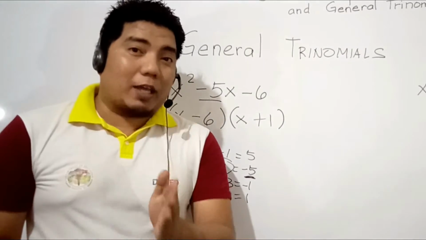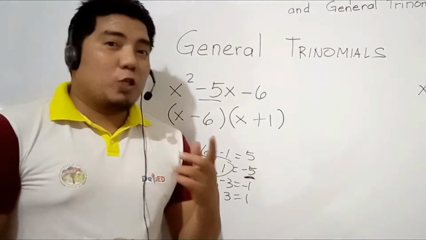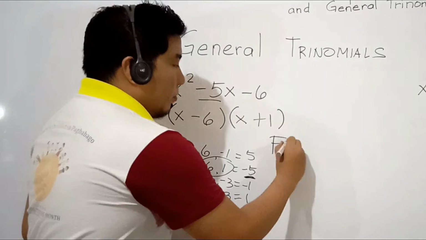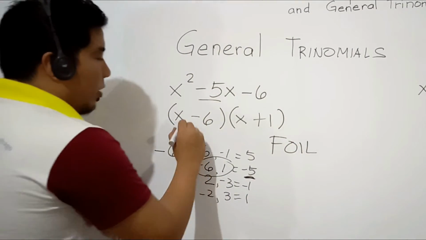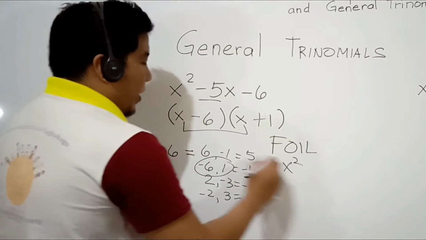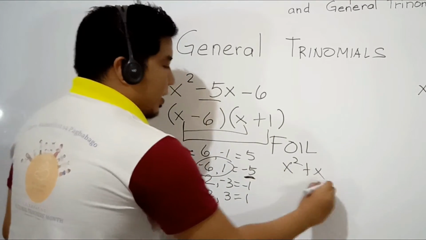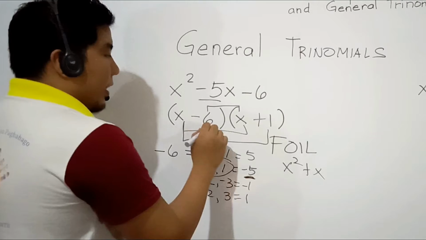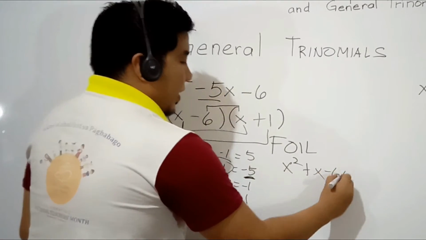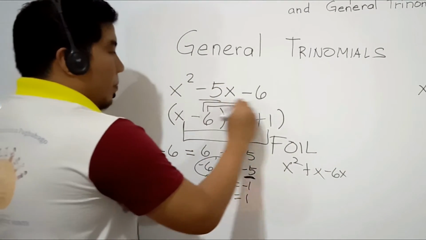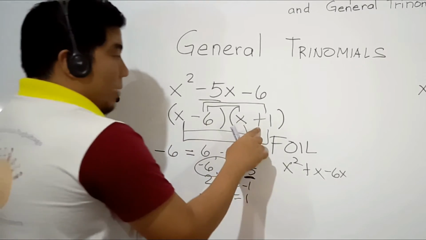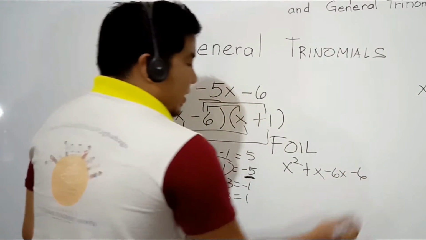Now, if you want to check whether your answer is correct, you can use the FOIL method. By using the FOIL method, we have here x squared, outer term, x times 1, that is positive x, inner term, negative 6 times x, that's negative 6x, and then last term, negative 6 times 1 is negative 6.